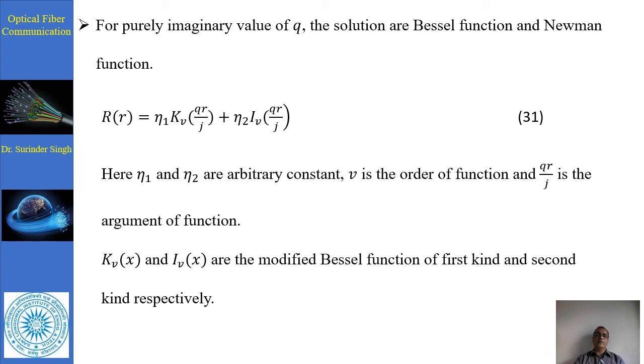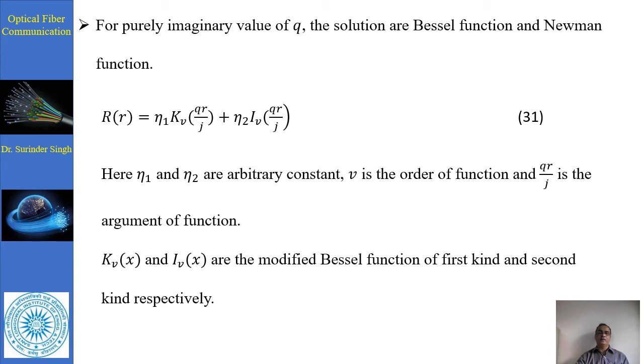Now, for a pure imaginary value of q, the solutions are Bessel functions and Neumann functions. Previously we found the solution for a purely real value of q. Now, for purely imaginary q, the solution can be R of r equal to eta 1 K v of qr upon a plus eta 2 I v of qr upon a.